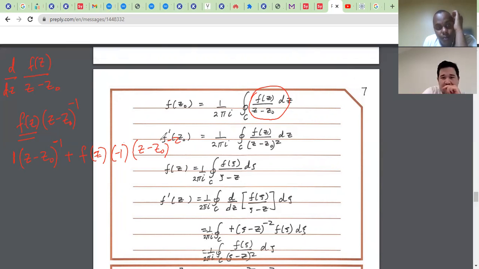Negative 2, yes, and it's going down. So this is the same as 1 over z minus z naught plus f of z minus f of z over z minus z naught squared. Where is the minus?